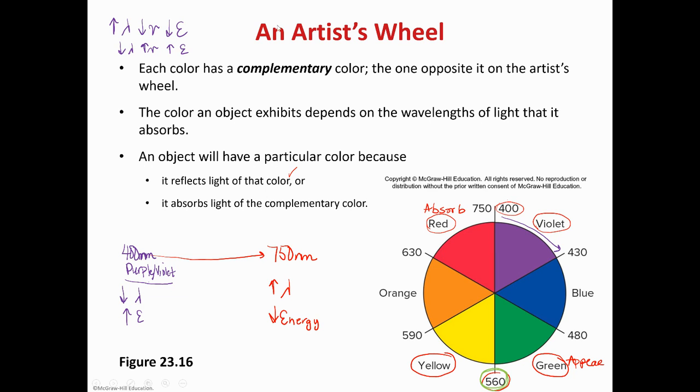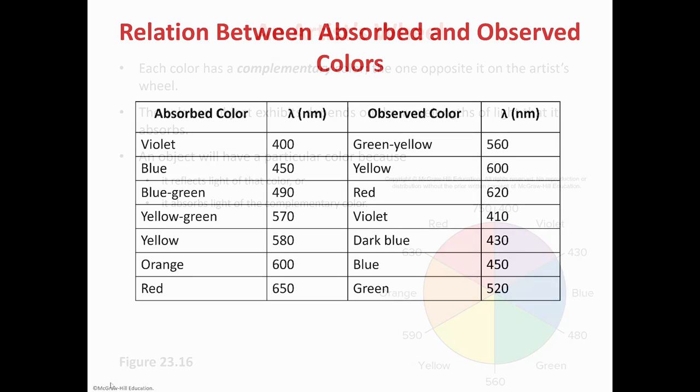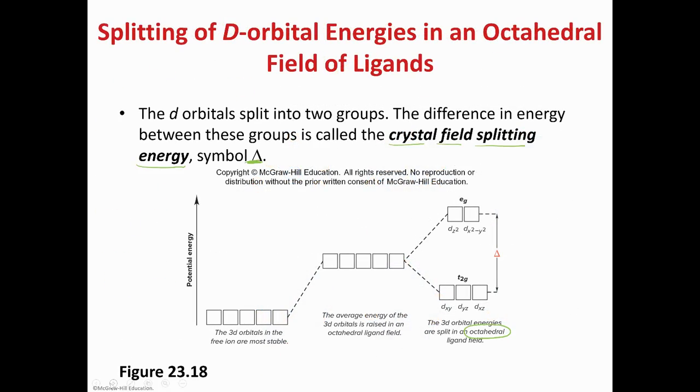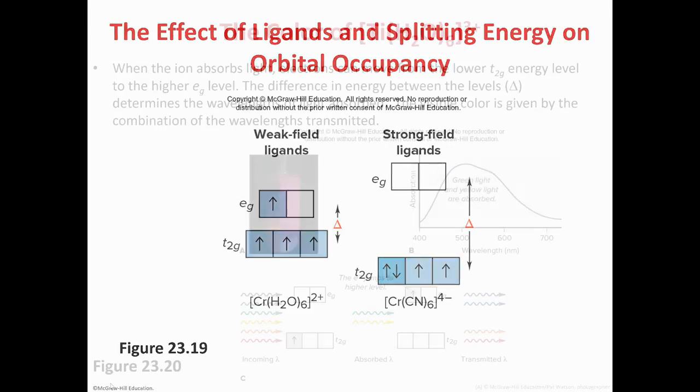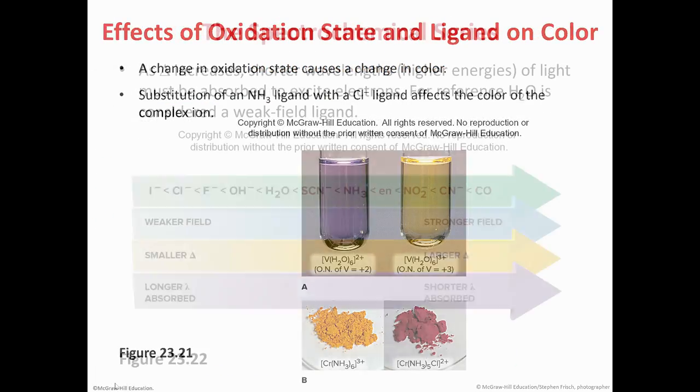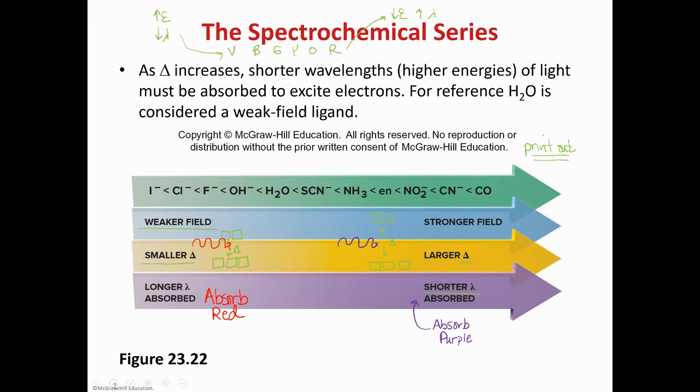Okay, so let's go back. Put that in our slide there. I'm still clicking, sorry, kind of a little slow. Okay, so if they absorb purple, they're going to appear to be yellow. So the substance will be yellow. Oh, you can't even see the yellow though. So that wasn't good.